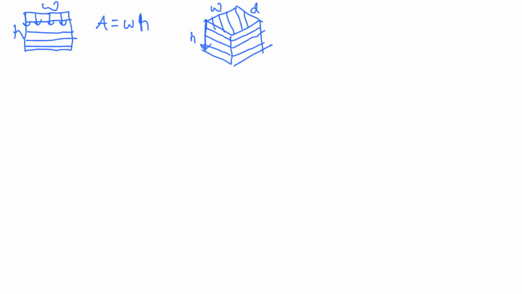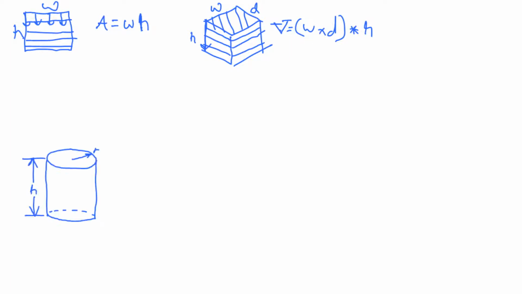Effectively, the volume is the top surface, W times D, passed through to the bottom, multiplied by H, so your volume is equal to width times depth times height.